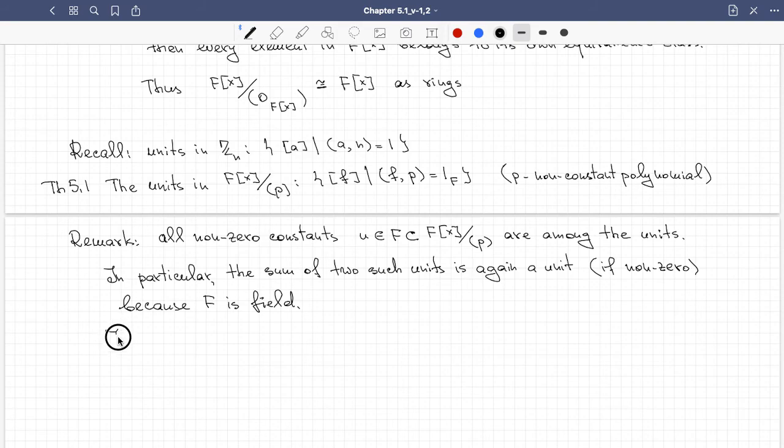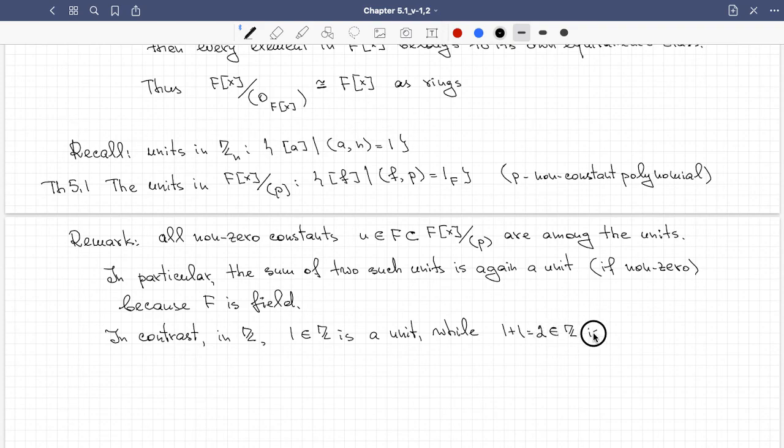Say, in contrast, in Z, 1 is a unit, while one plus 1 is 2, is not a unit.